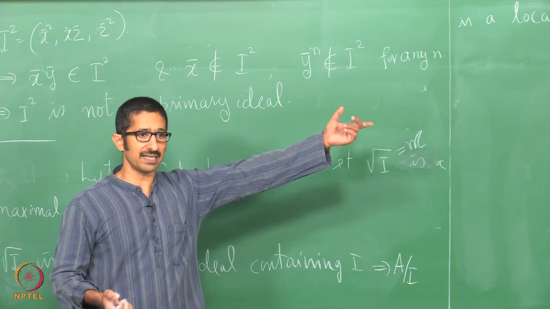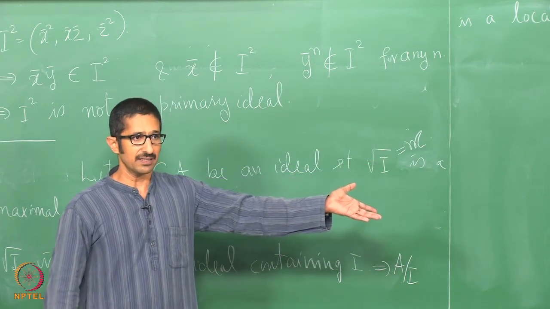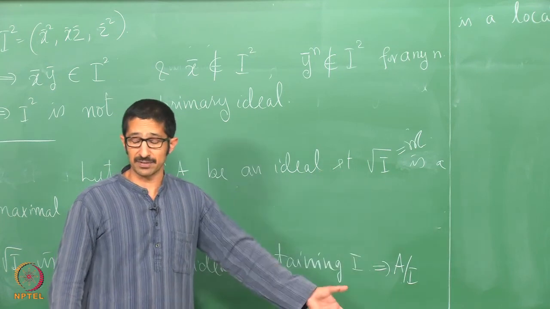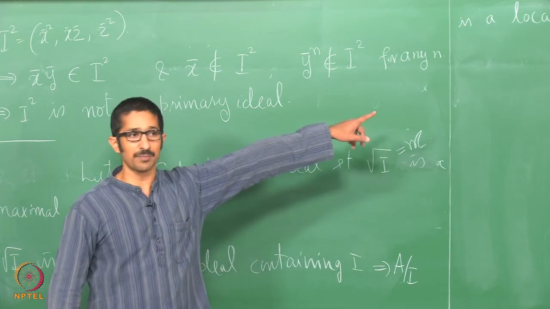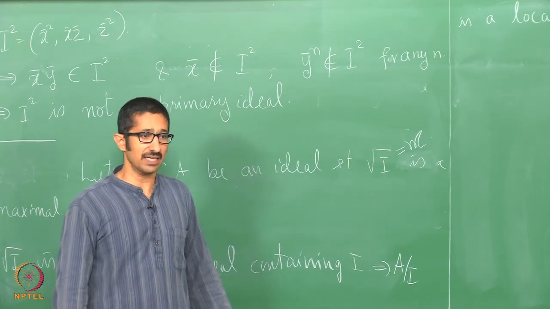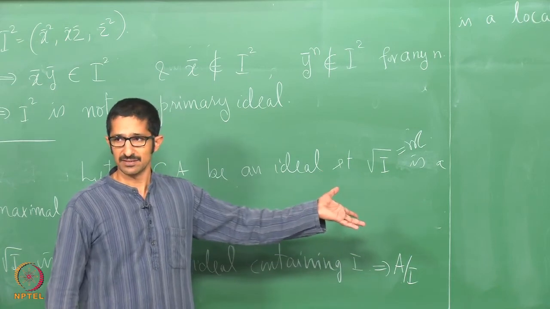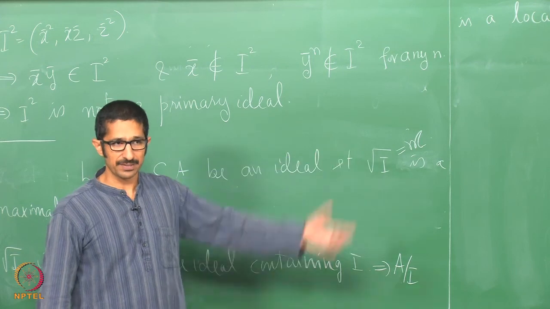Here we are proving that every non-unit is nilpotent. A 0 divisor cannot be a unit, so every 0 divisor is nilpotent. Therefore, this ideal I is a primary ideal.